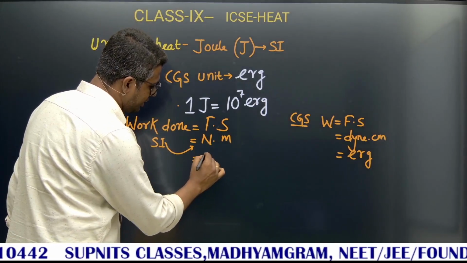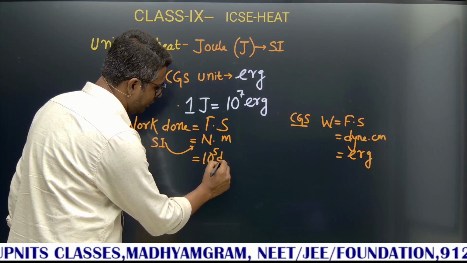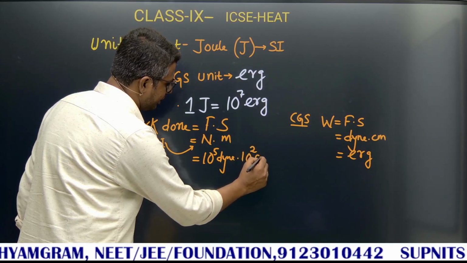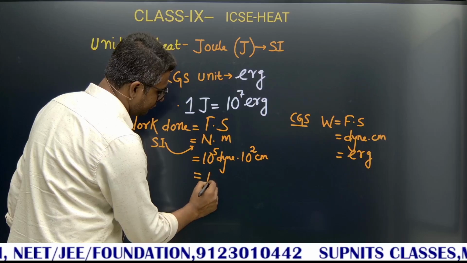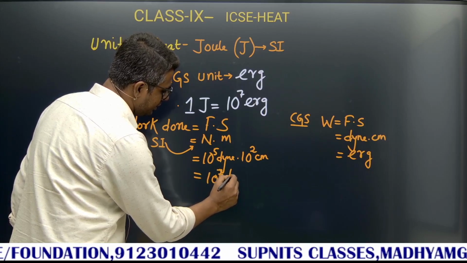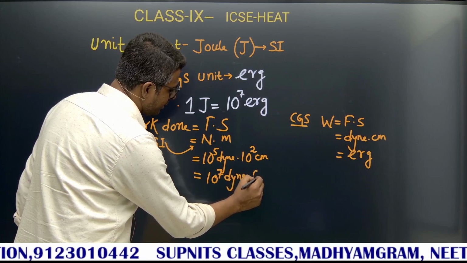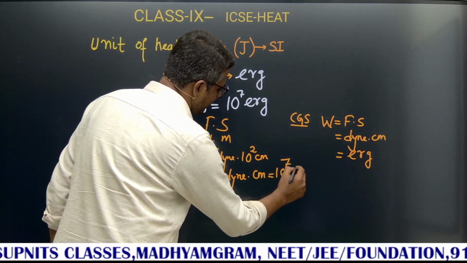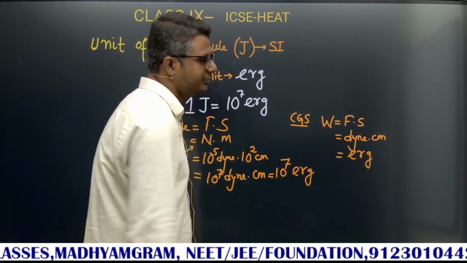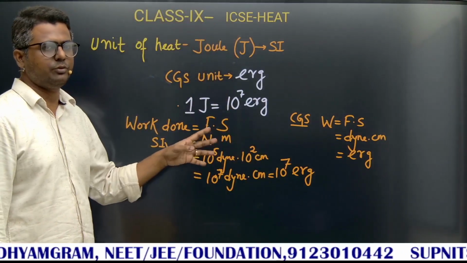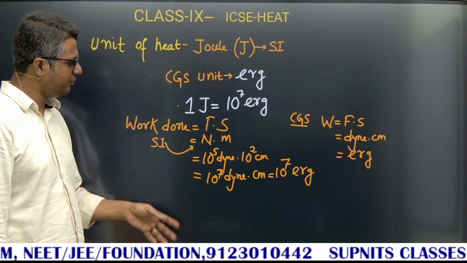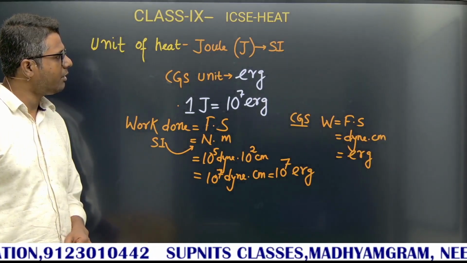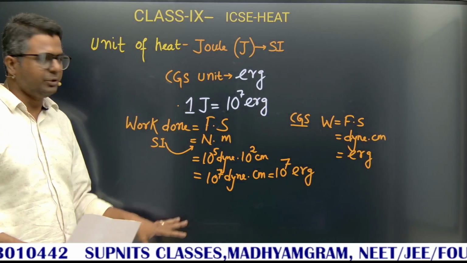So 1 Newton is equal to 10 to the power 5 dyne, that you already know in class 9, and 1 meter is equal to 10 to the power 2 centimeter. So we are getting 10 to the power 7 dyne centimeter, which is nothing but erg. Clear? So this is how we derive the conversion between joule and erg. I hope this is absolutely clear with all of you.